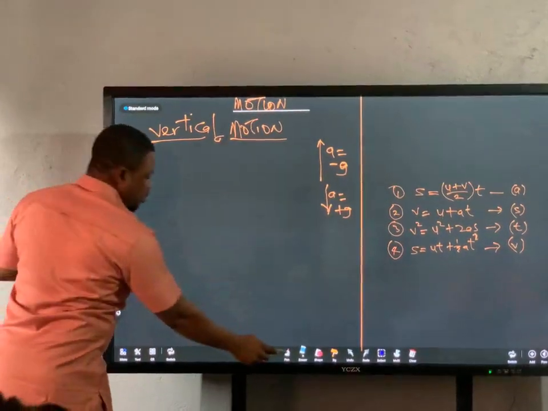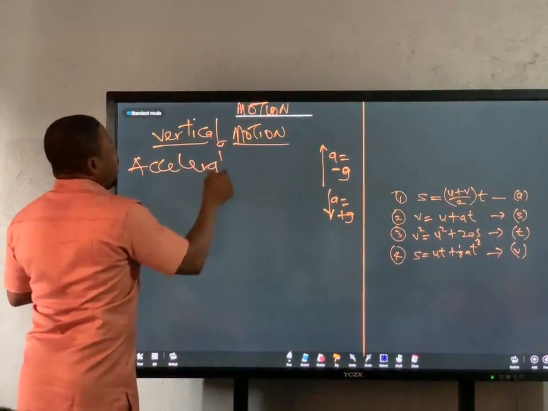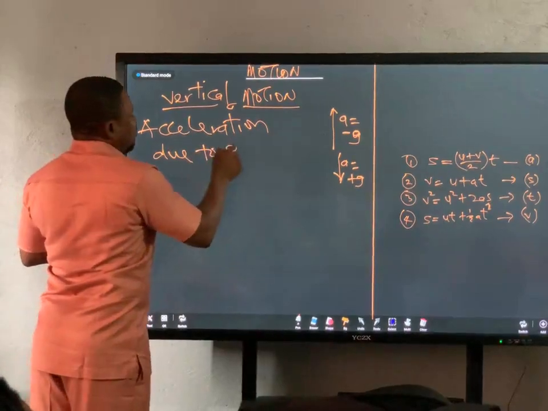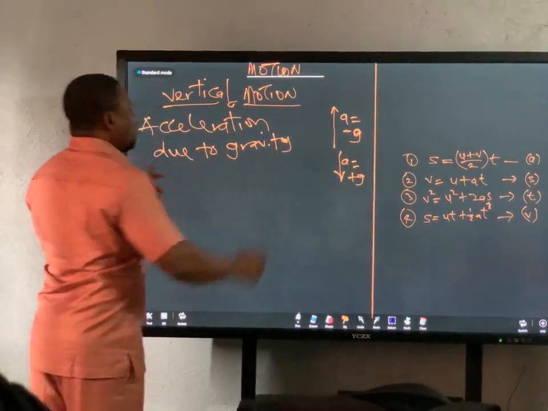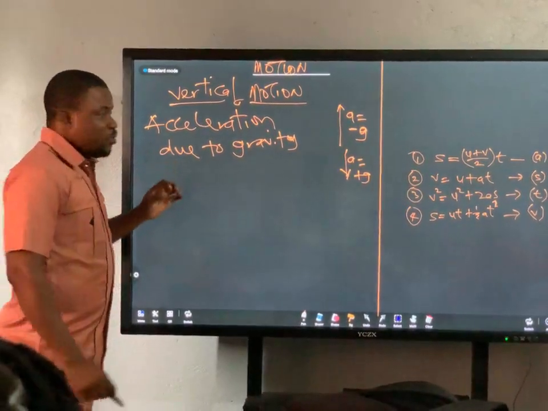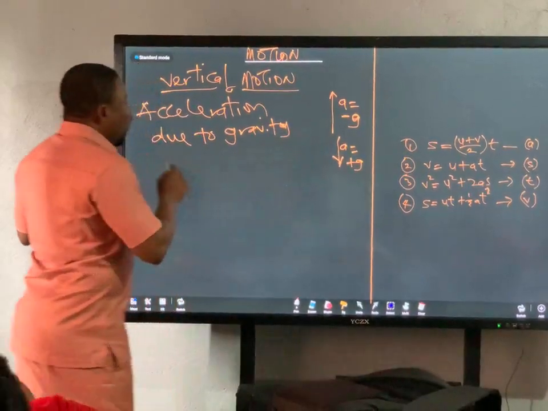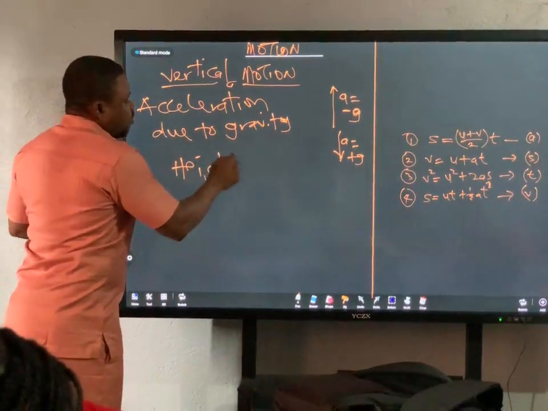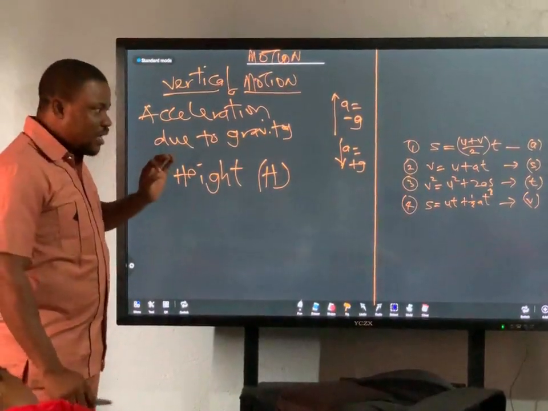Acceleration will now be acceleration due to gravity, or acceleration due to free fall. So here A becomes negative or positive G. Then your distance becomes height.